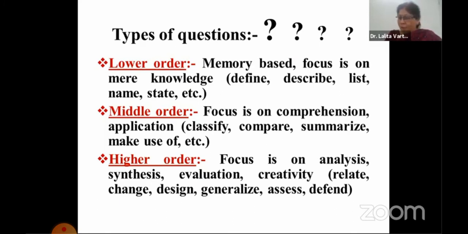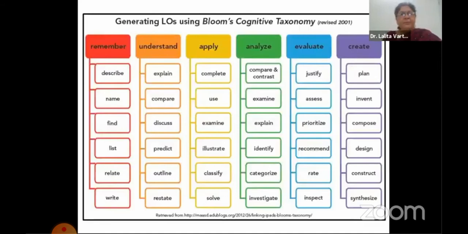I'm going to show you a table where Bloom's taxonomy and the verbs which are associated with it are given. So as I mentioned earlier, when we think of the remembering level, we use words like describe, name, find, list, relate, write.